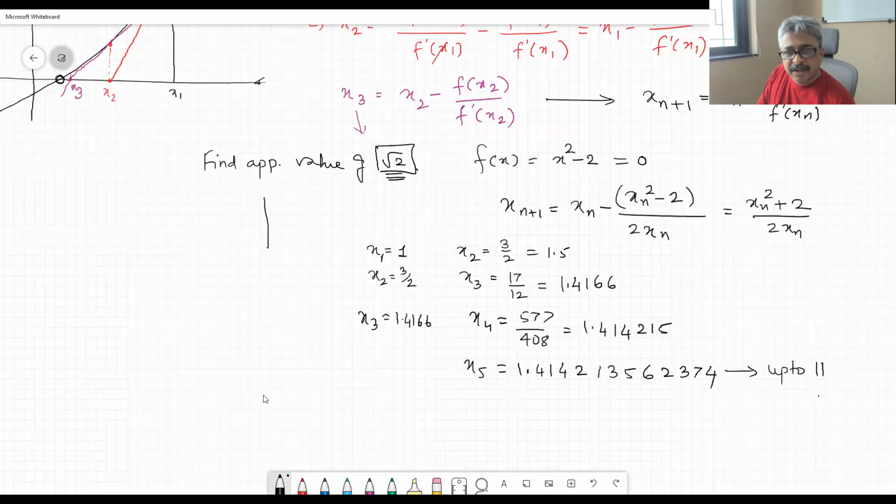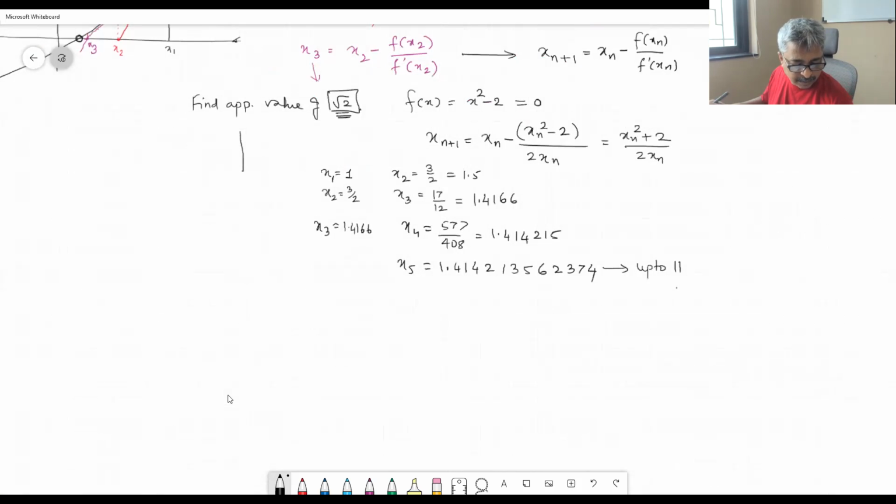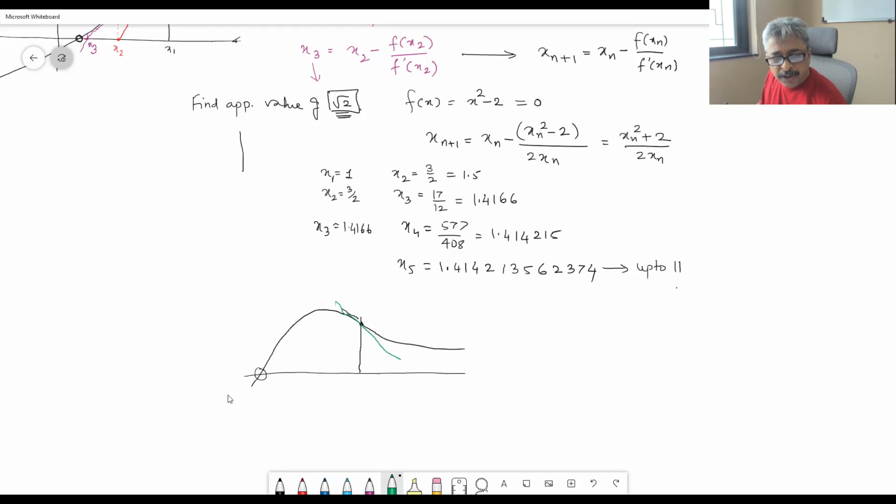For the majority of good graphs it will work, but if specifically the graph is like this, you are here, you want to find this root, you draw a tangent at that point, you reach somewhere here, go there, draw a tangent at that point, go somewhere else, draw a tangent.